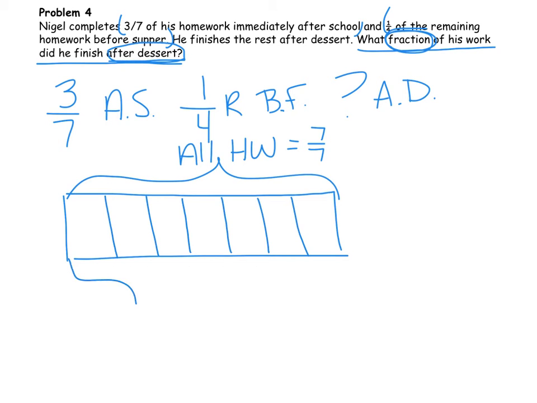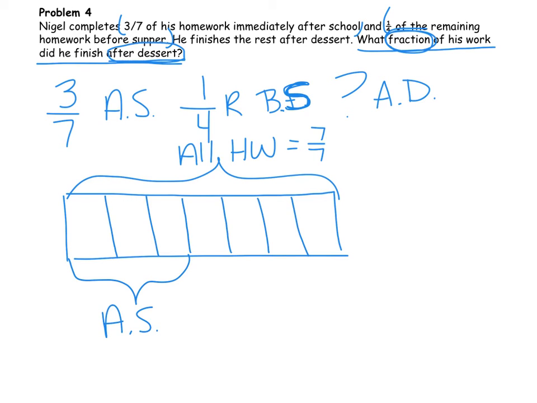So this was after school. And then I got to figure out the rest. So 1/4 of the remaining before supper. I don't know why I made that F. It should have been an S for before supper. Yikes. That's why you got to read your writing.